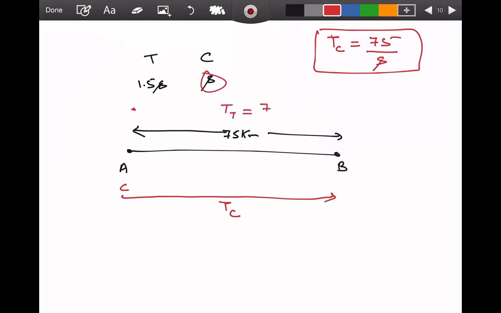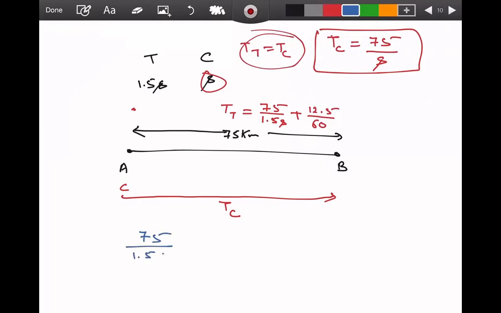It should have been 75 upon 1.5 S, but this also includes the stoppage time, which was 12.5 minutes, and we have to convert it into hours also. So TT is equal to TC, which means time of the train, which is 75 upon 1.5 S plus 125 upon 600, is equal to time of car, which is 75 upon S.